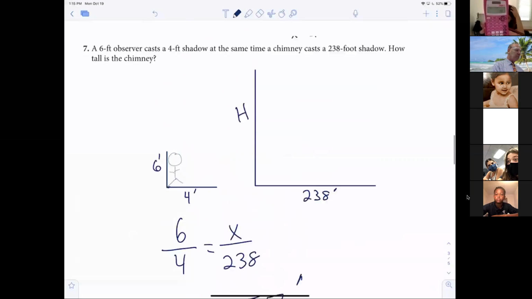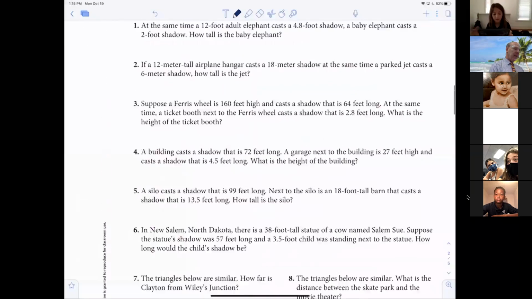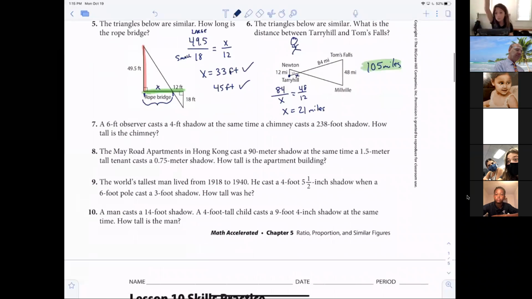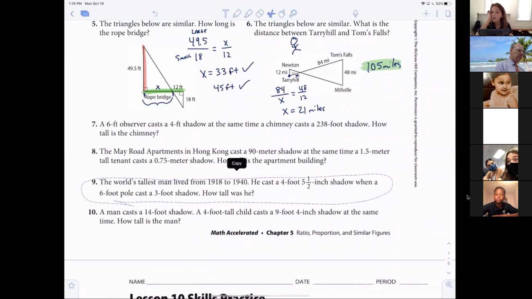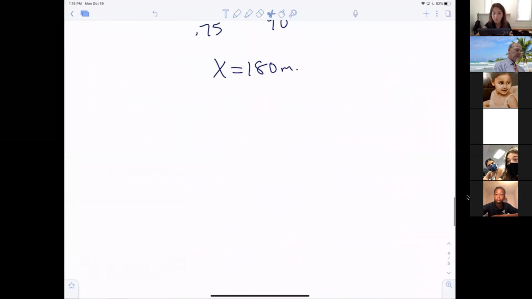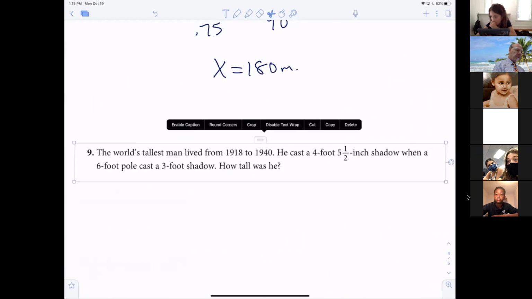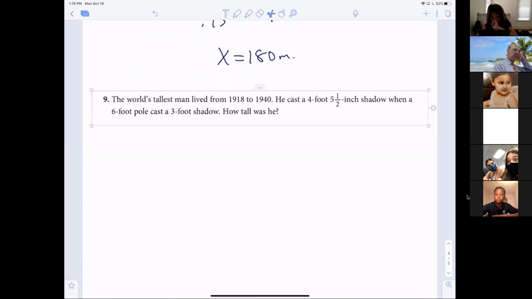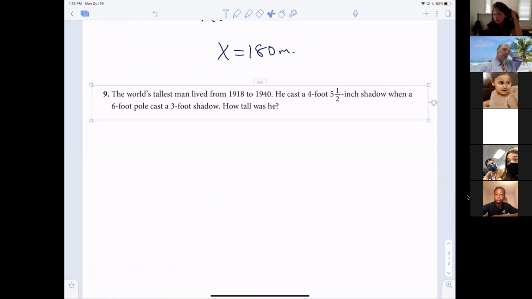Number 9, we got some problems on number 9. Who's going to tell me what the problem is? Maya thinks she's going to tell me. Let me grab it, put it at the bottom like everyone else is doing. All right, Maya, read it. Loud and proud.